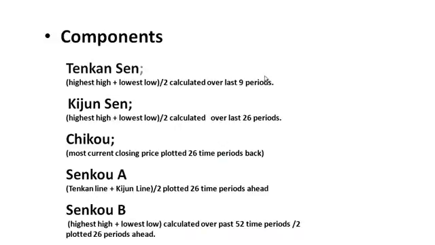Senkou A is Tenkan-sen and Kijun-sen added and divided by 2, which is plotted 26 periods into the future, which is very important to understand, and I'll point that out in a chart. Senkou span B, highest high, lowest low calculated over the past 52 periods, divided by 2, and then that's plotted 26 periods into the future.